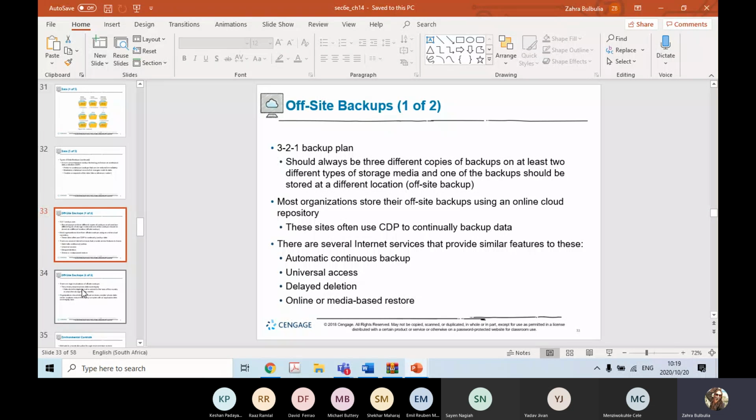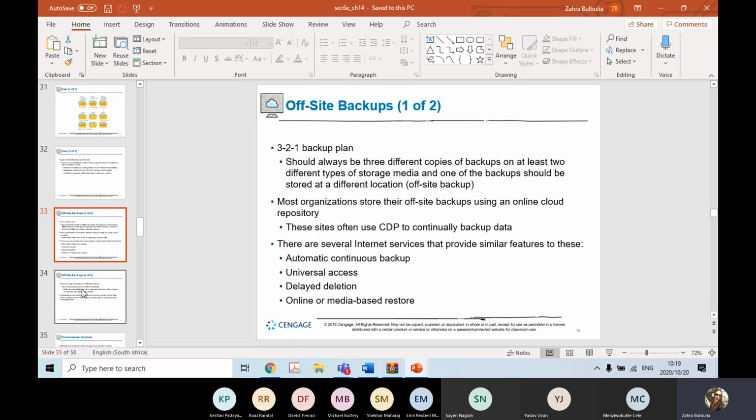Off-site backups means that I need to take all my backup mediums, that is like my USB, my external hard drive and everything, and put it somewhere else. But nowadays we have cloud technology. So the beautiful thing is we can back up all our information to the cloud and it's sitting on a server somewhere else.